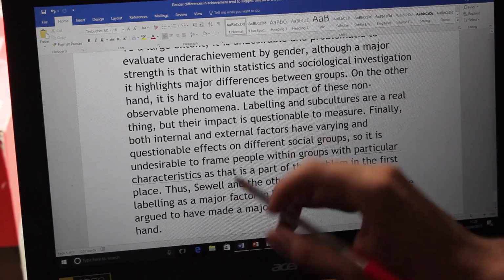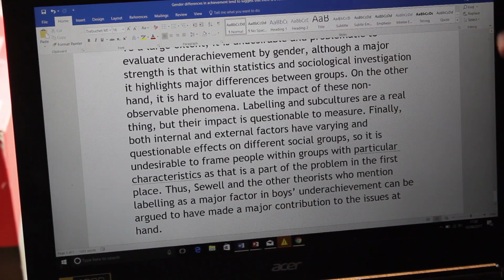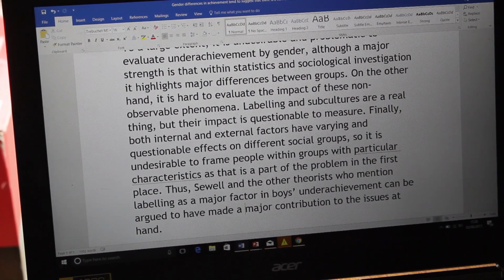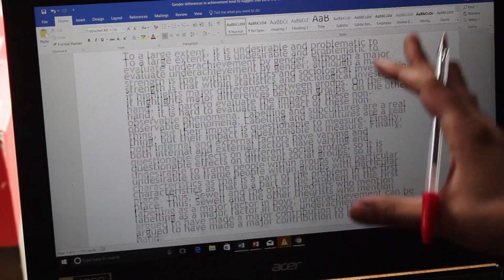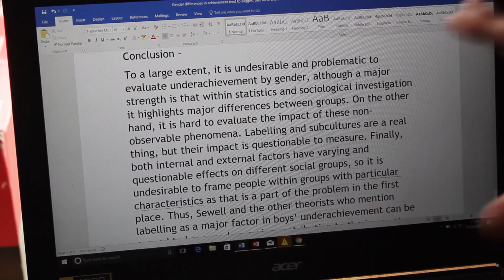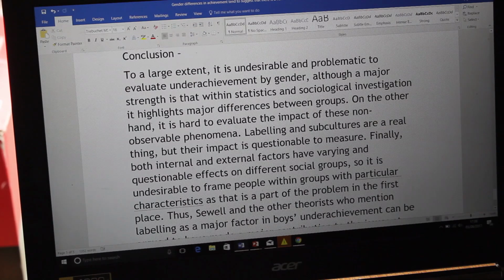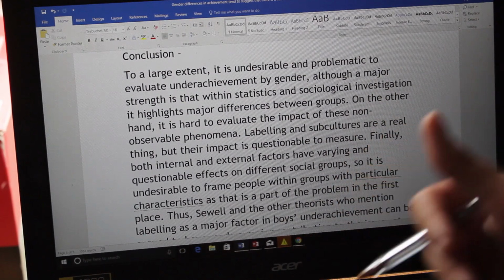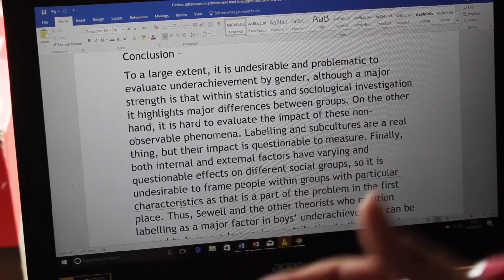Okay, and in your conclusion, I'd always bring in the theories that you think have the most relevance. So, thus, Sewell and the other theorists who mention labelling as a major factor in boys' underachievement can be argued to have a major contribution to the issues at hand. So what I've said here, in short, is that a strength of this argument, or the whole question, is that you can look at how different groups underachieve or achieve, and you can start to look at why that might be the case.